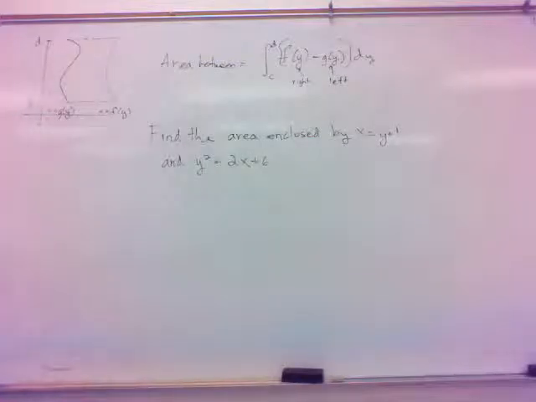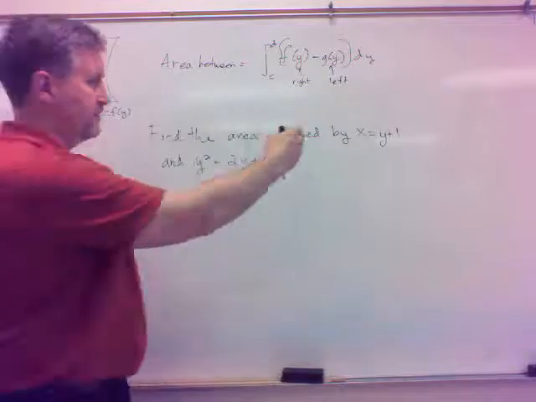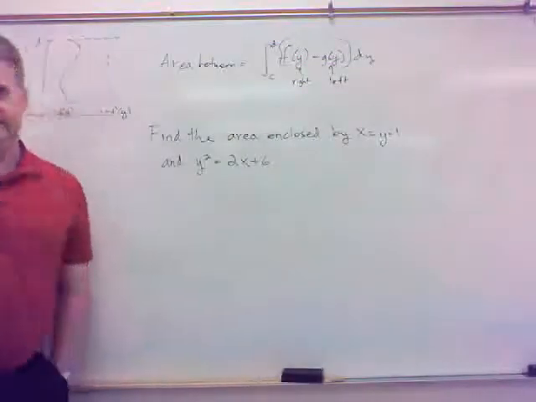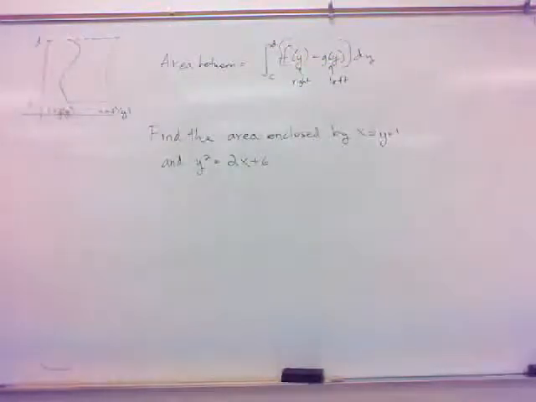Do you see here, now, the first function is described as x equals, but it wouldn't be very difficult to describe it as a y equals, would it? We could say y equals x minus 1.